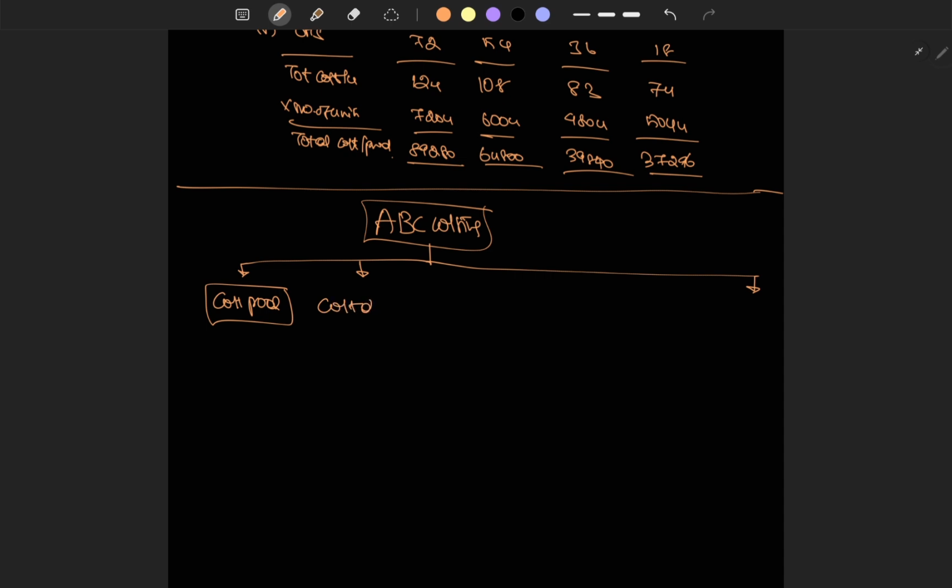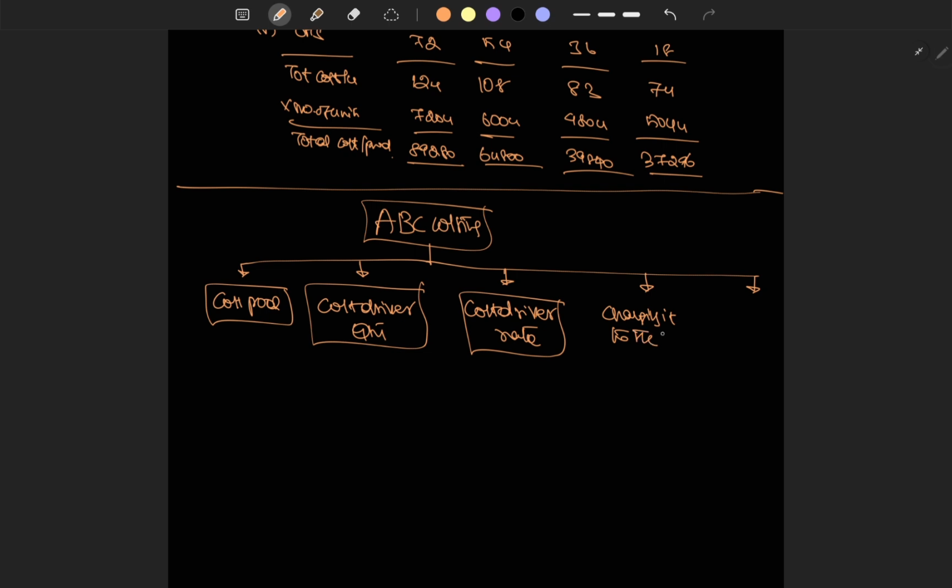Cost driver quantity, whereas we use base quantity level in absorption costing. So cost driver quantity is for ABC costing. Third one is cost driver rate. Fourth one is charging it to the products.